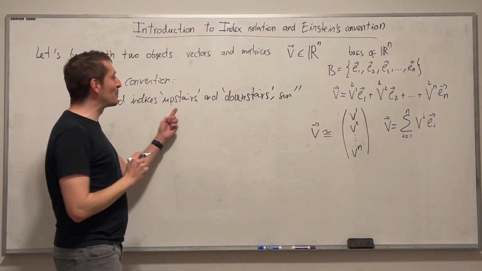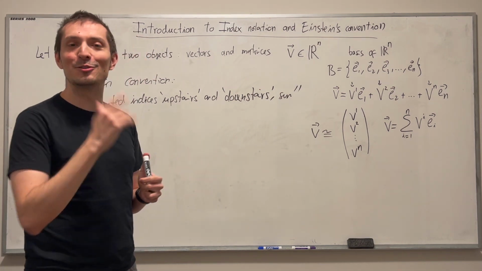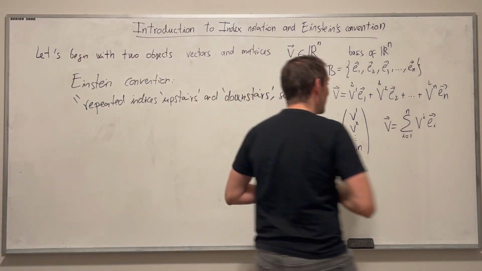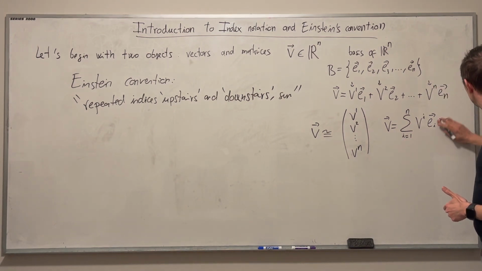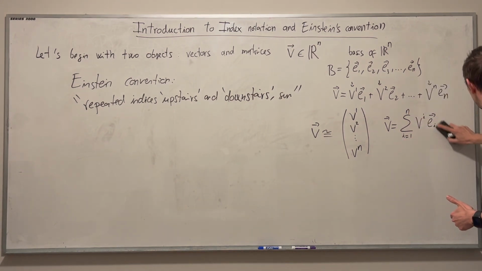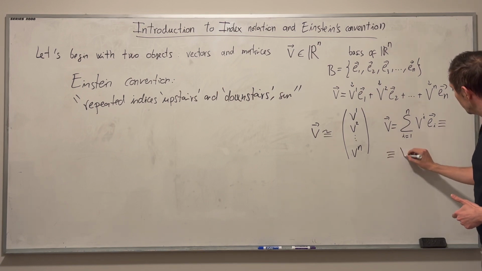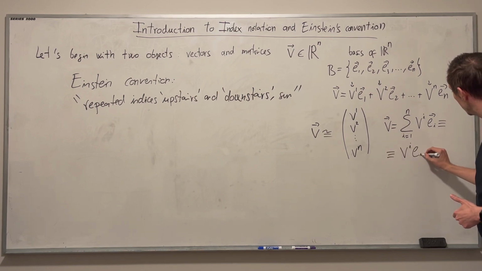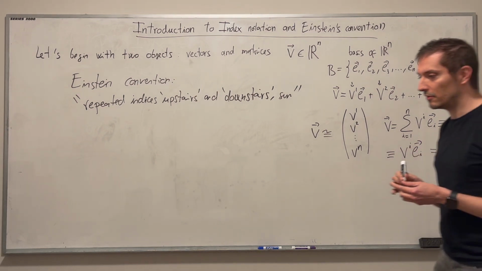By that I mean superindices and subindices that repeat, sum. That's an understood sum. So in this case, this is equivalent to writing v^i e_i. We understand that when we have an index i repeated upstairs and downstairs, that is summing. Of course, this is a vector v, a sum of components times elements of the basis.